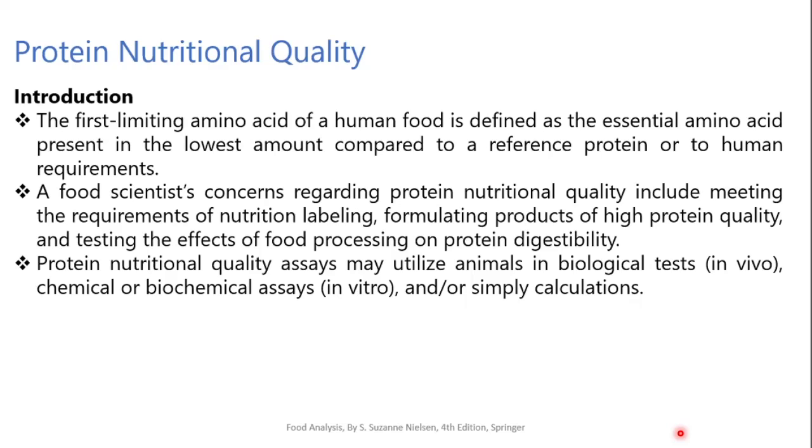The first limiting amino acid of the human food is defined as the essential amino acid present in the lowest amount compared to the reference protein or to the human requirements.